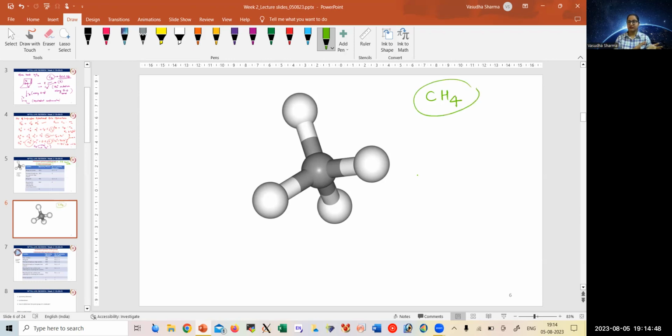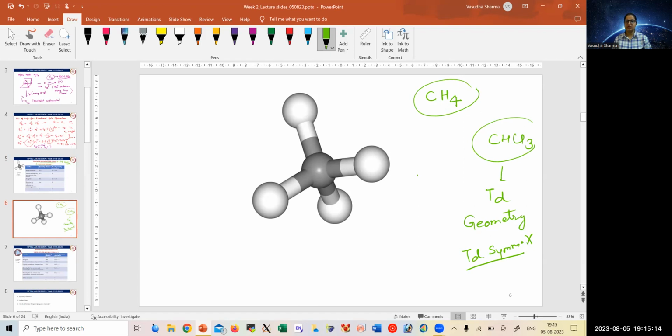Having a geometry is one thing, having a symmetry is another thing. For example, CHCl3 has a tetrahedral geometry, but geometry and symmetry are two different things. It has a tetrahedral geometry, but it does not have tetrahedral symmetry. So we have to be very careful what terminology we are using.